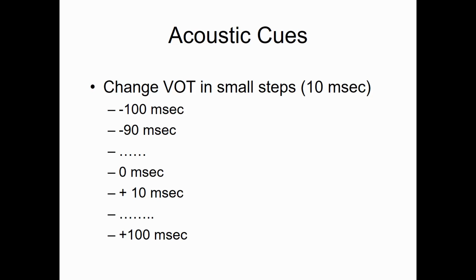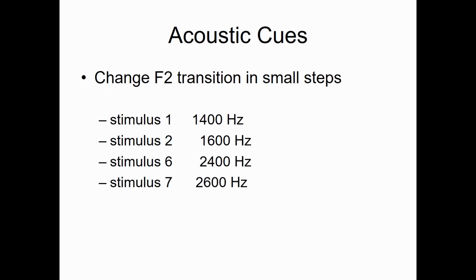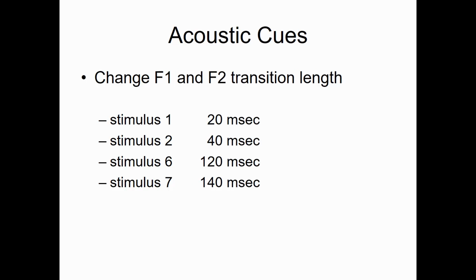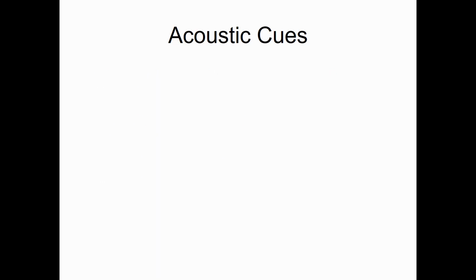If we averaged responses across listeners and across multiple repetitions of each stimulus, what we would find is essentially the length of voice onset time that we need to be able to say that a sound is no longer ba and is pa. We could do the same thing by changing the F2 transition in small steps, or by changing the length of F1 and F2 transitions. With speech synthesis, we can vary anything.